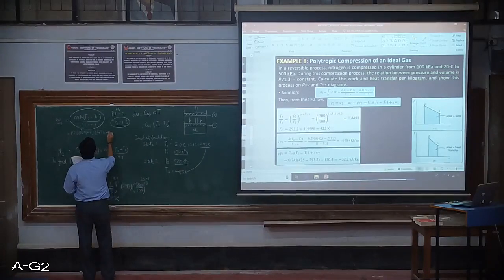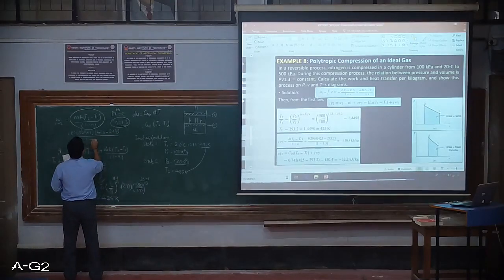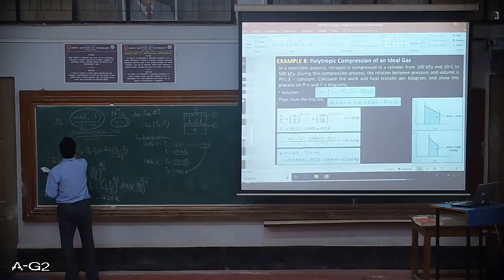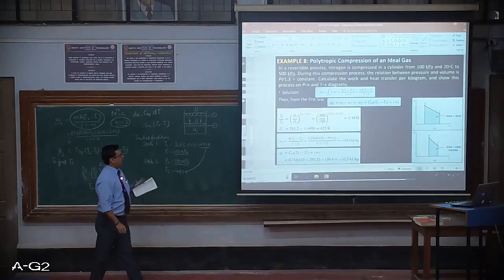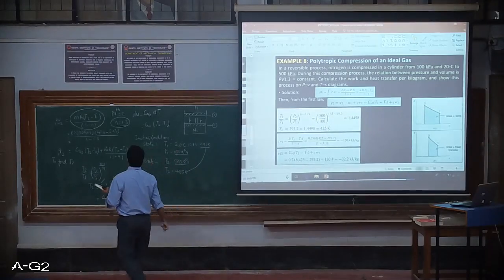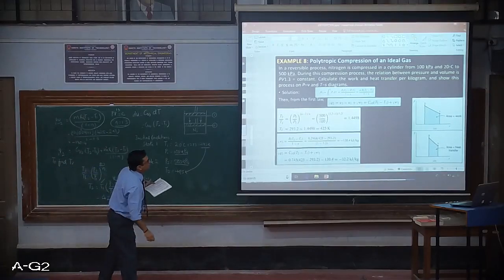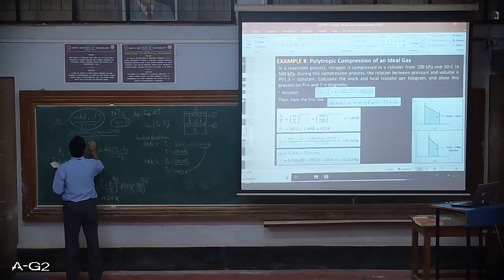425 minus 293 divided by 1 minus n, which is 1.3. So after evaluation, the work done equation after substituting gives minus 130.4 kilojoule per kg.